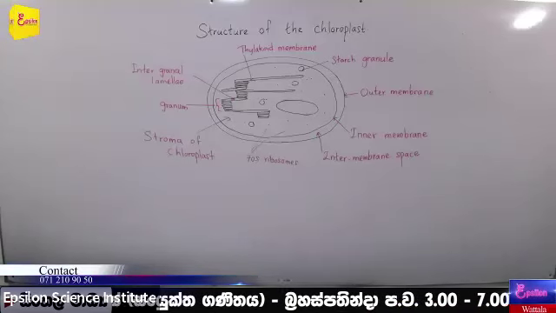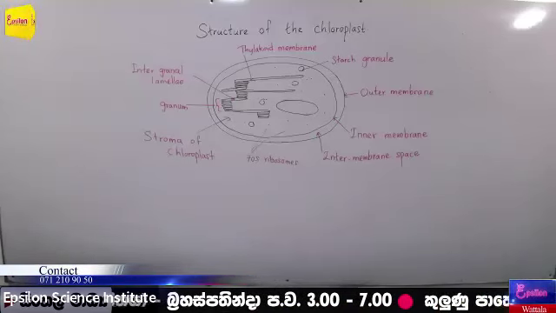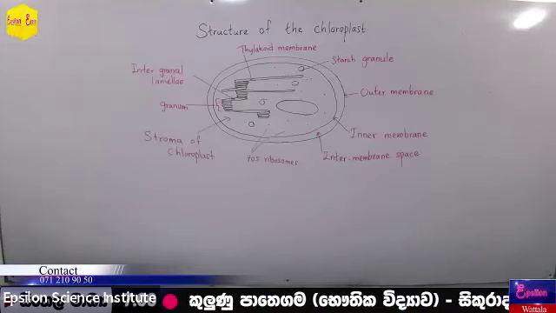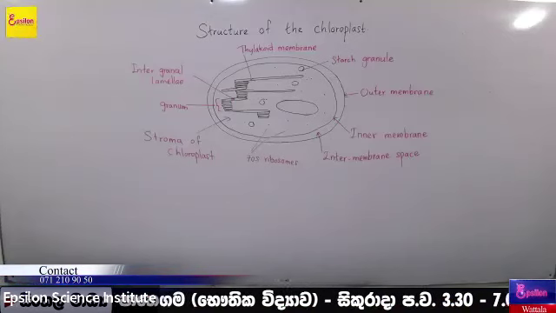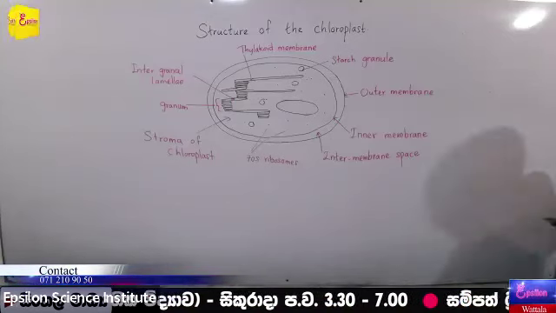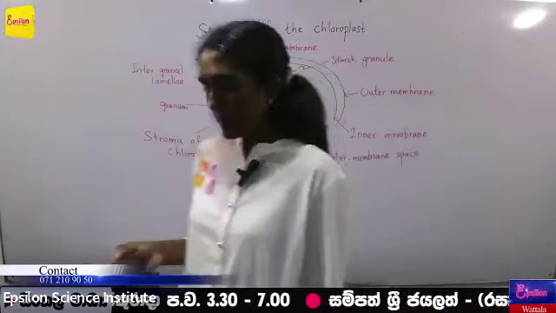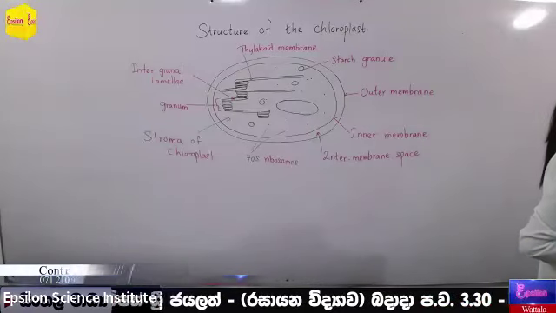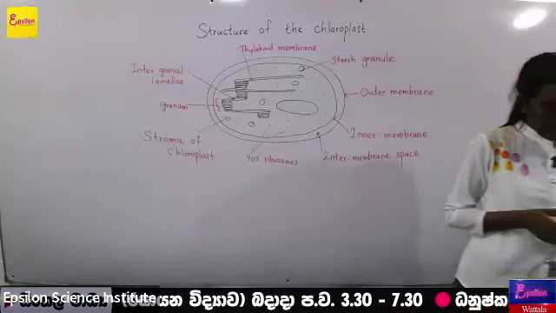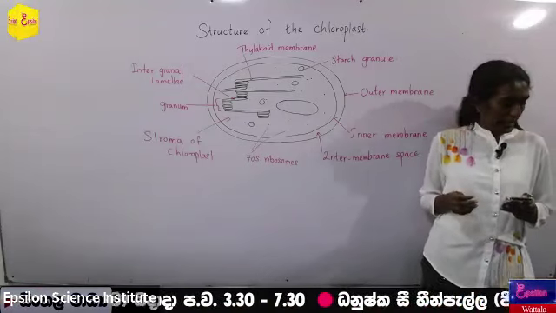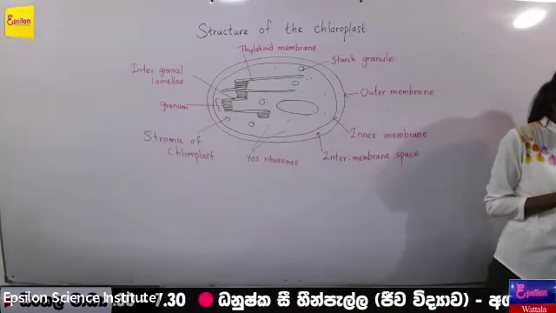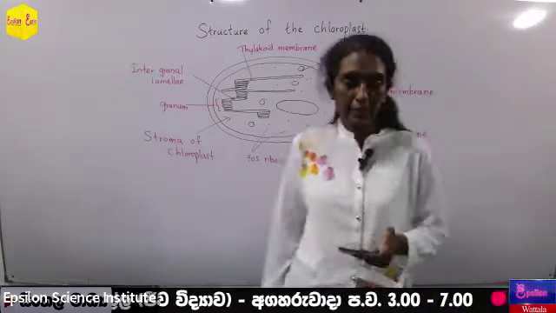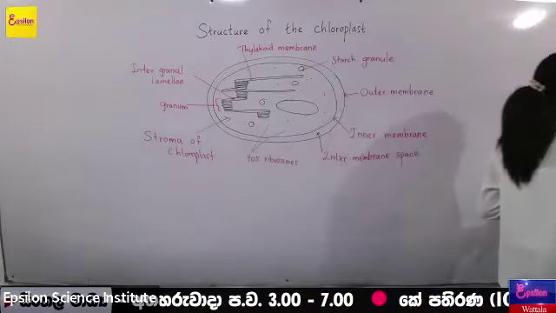Correct. Next one. Inner and outer membranes are separated by a very narrow intermembrane space.